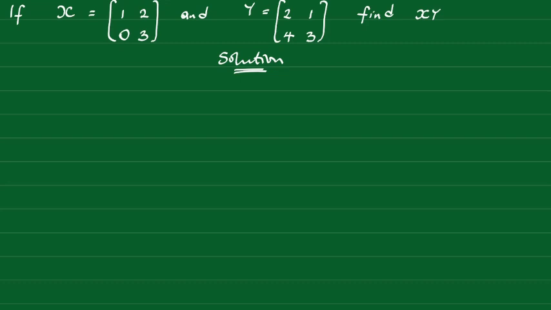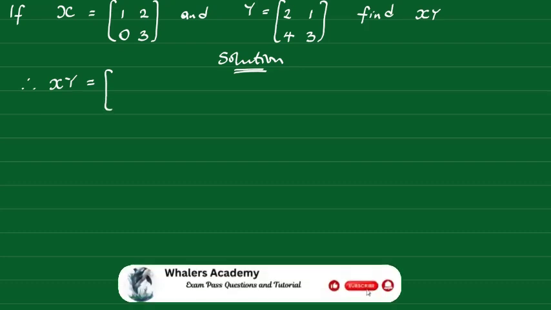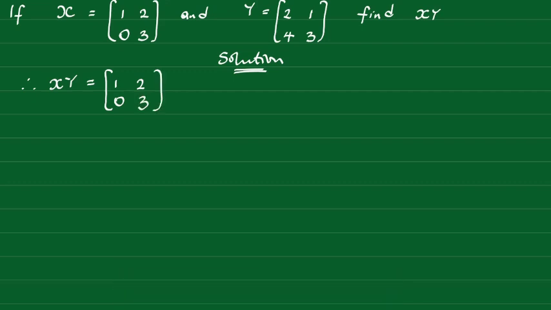Therefore, since we've been asked to find XY, which is an operation of multiplying X by Y, we have it equal to: our value for X is (1 2; 0 3), and our value for Y is (2 1; 4 3).